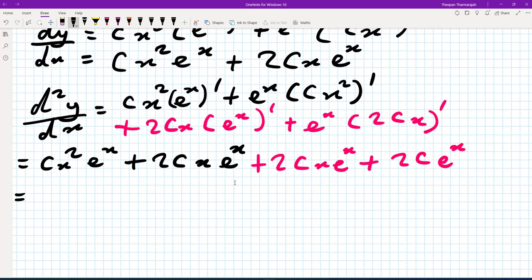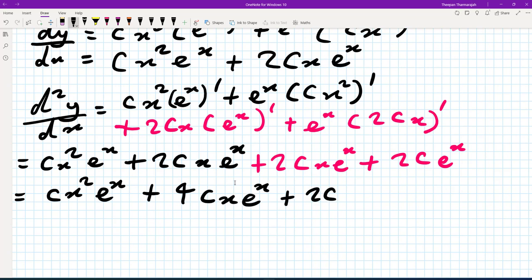Therefore, this simplifies to be cx squared e to the x plus 4 lots of cx e to the x plus 2c e to the x.